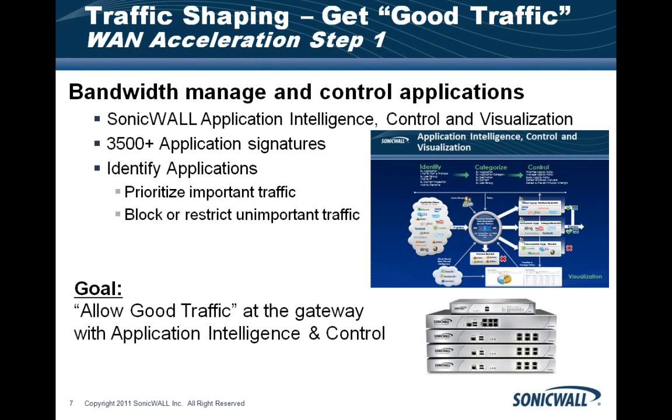So as part of the first component, as Nathan mentioned, when we start talking about traffic shaping, this can be done on any one of our next-generation firewalls all the way down to the lower-end T10 platform. What it provides is the ability for us to identify at the application level what's going on the network, provides tools to visualize the traffic that's going by, then provides the control so the network administrator can go back and prioritize different traffic based on the policies that have been put in place by that specific organization.